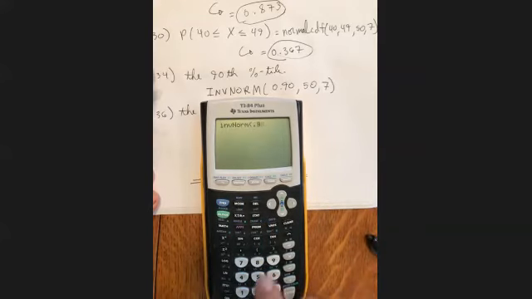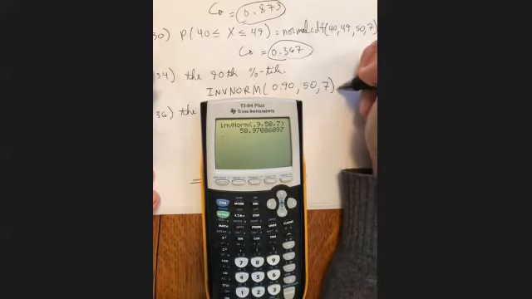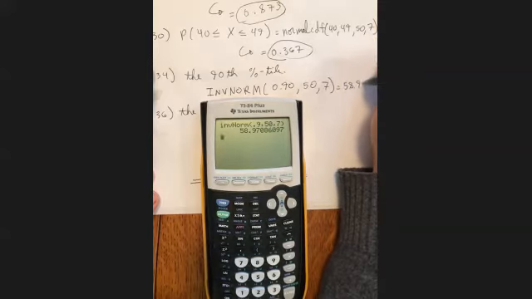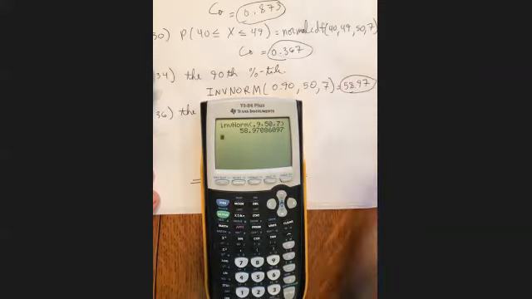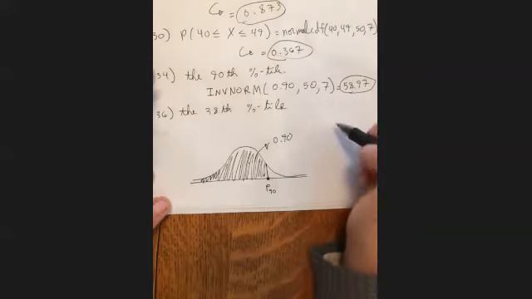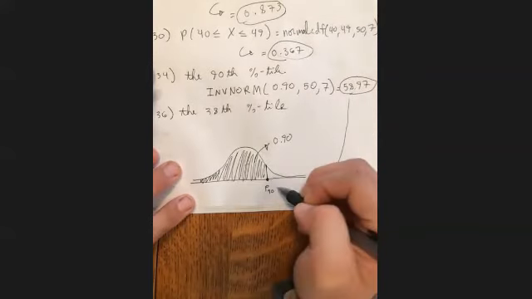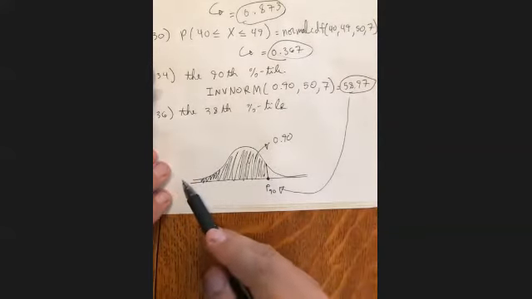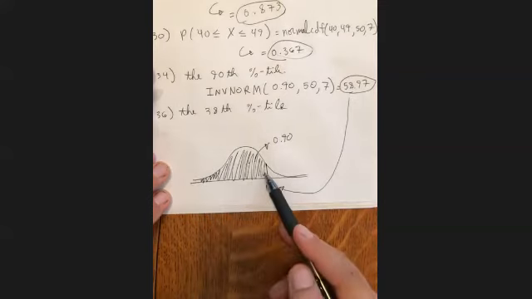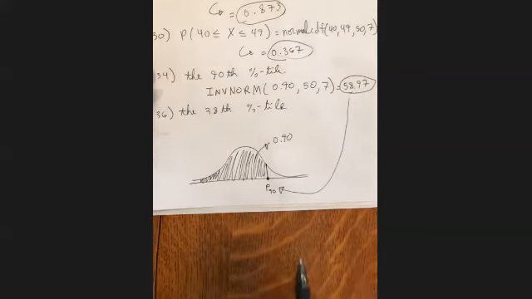Bring it up, feed it the inputs, 0.90, 50, 7, and it gives us a result of 58.97. So that number is the number on the x-axis that if we computed the area up to that number, we'd get 90% of the area.